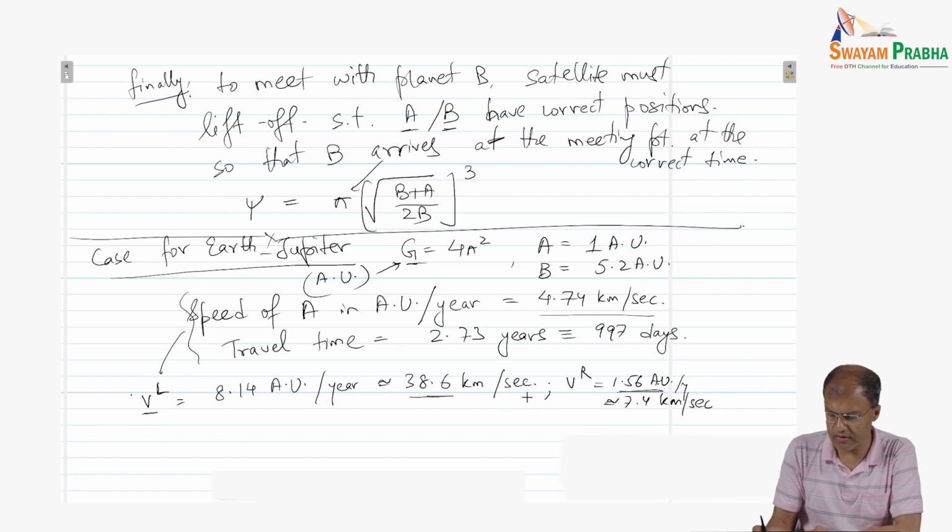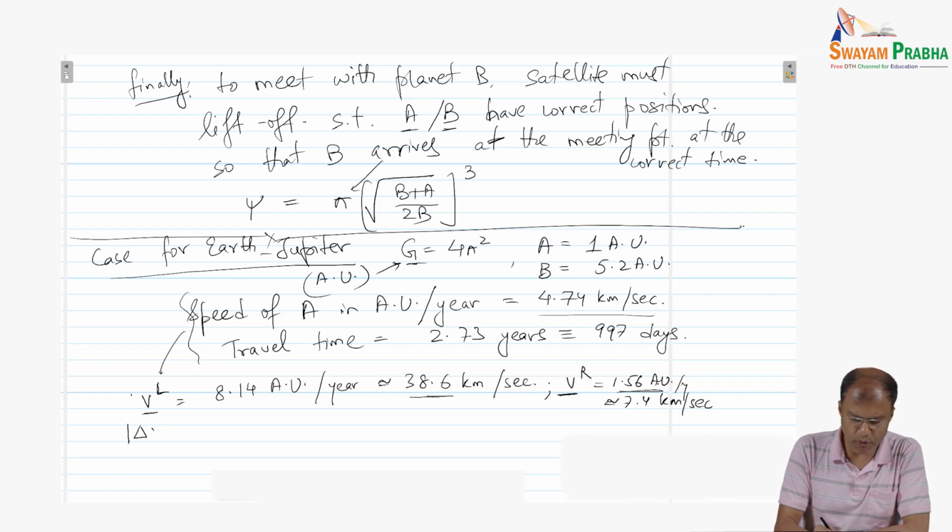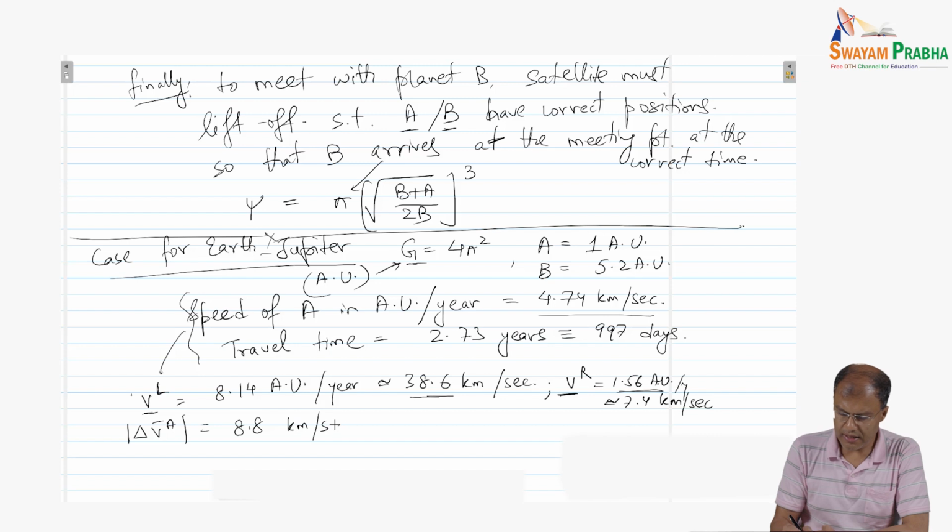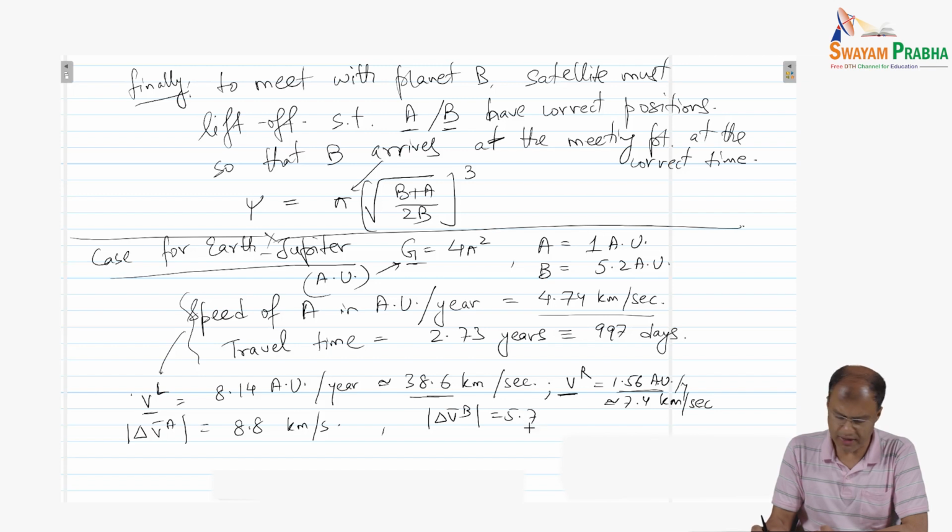Now, interestingly, this is the velocity at liftoff. So from here and the second result, we can find out the total impulse, or the total quantity q, which we have minimized. The impulse at A, the point of liftoff, comes out to be 8.8 kilometers per second, and the velocity impulse at the landing point B comes out to be 5.7 kilometers per second.